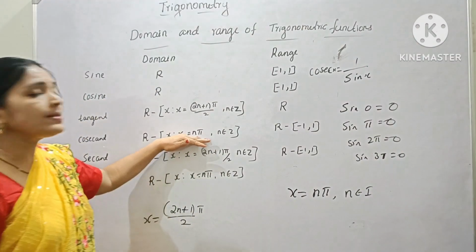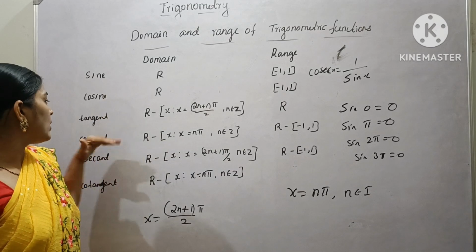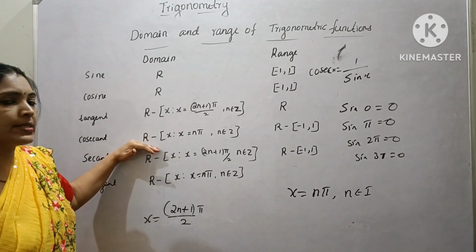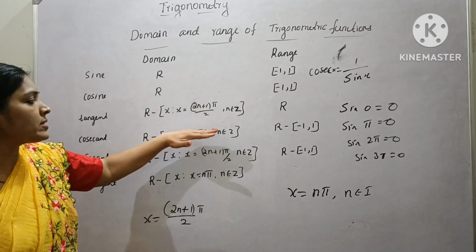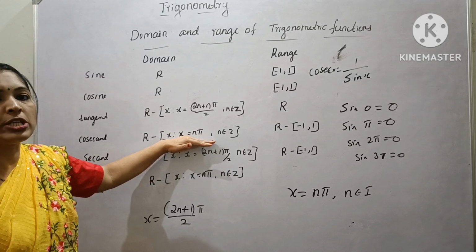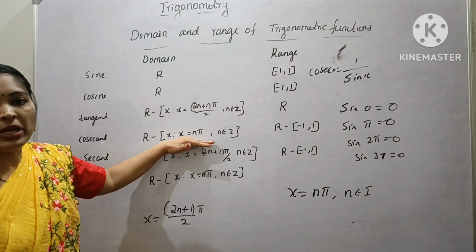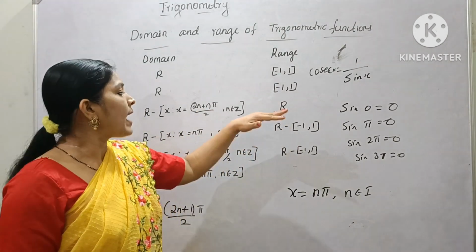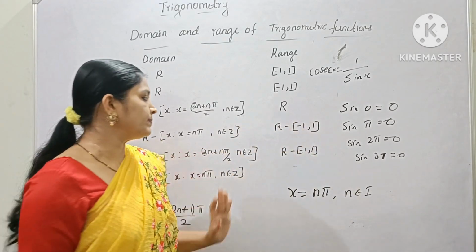Except these values cosecant is defined, because at these values sine will be 0, so the denominator will be 0 and it will not be defined. Its range is R minus the open interval from minus 1 to 1.